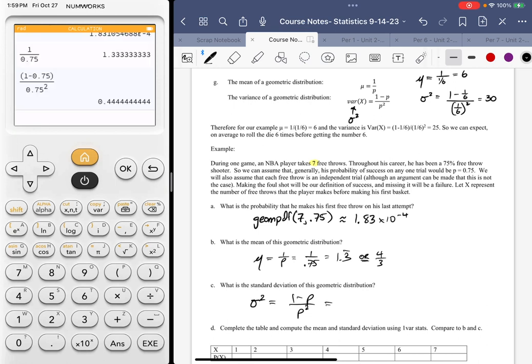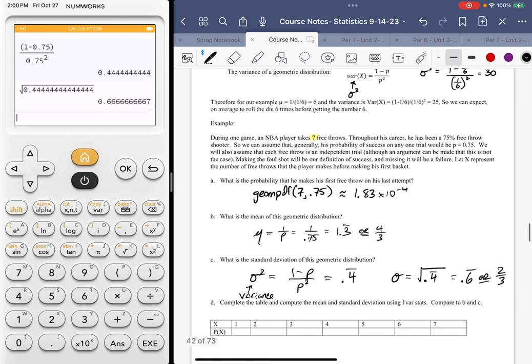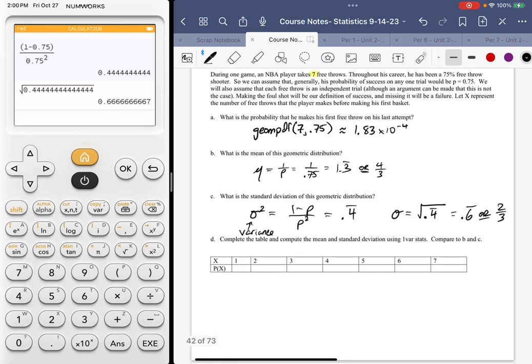So 0.4 repeated, but that's, again, that's the variance. The standard deviation sigma is going to be the square root of that number. So square root of that answer, and you get 0.6 repeated, or you could just say 2/3. All right, some nice clean numbers here.